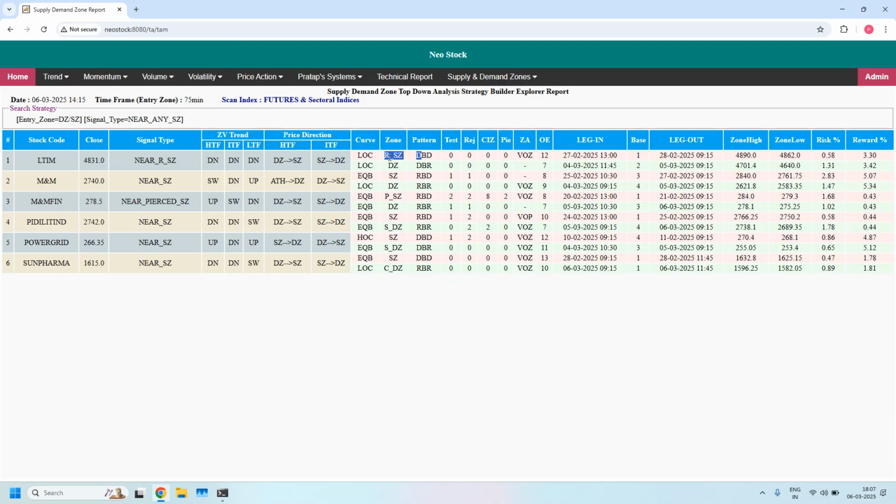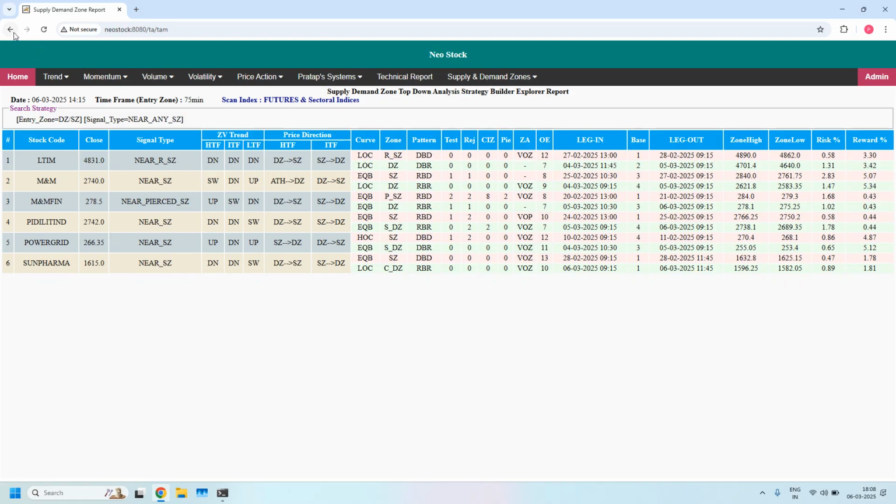L&T Mindtree is having a 75 minutes high liquidity supply zone. That's it. We have identified only 1 75 minutes high liquidity supply zone from this list. Okay, this is about 75 minutes time frame. With this, we have completed daily and 75 minutes high liquidity zones, identifying them.